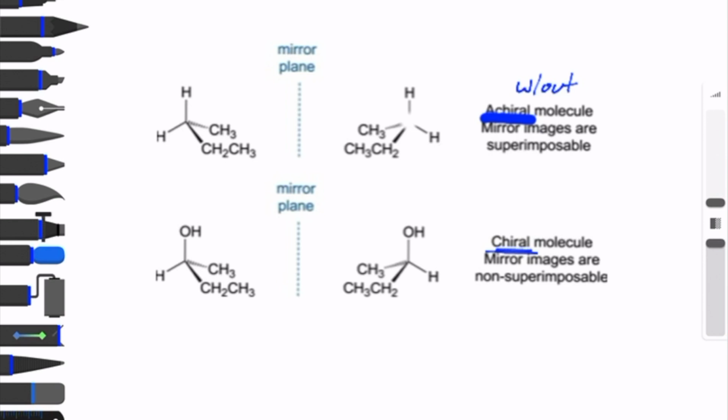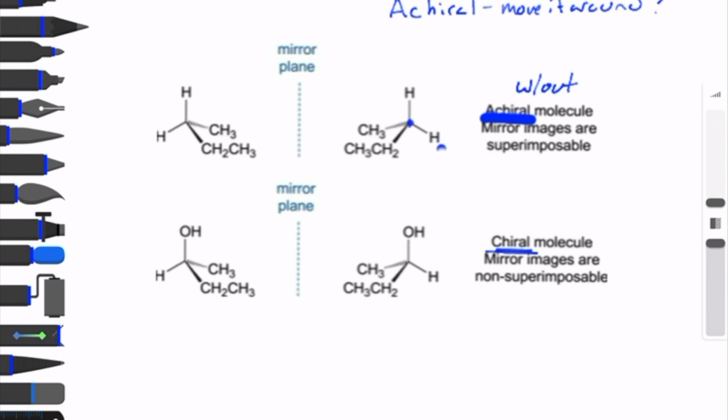So that's nice. But another thing you can look for when you're trying to figure out if it's achiral, okay? Can you move it around? You know, that's a good idea. Can I move it around and play with it? But also, there's a big hint here in this first molecule.